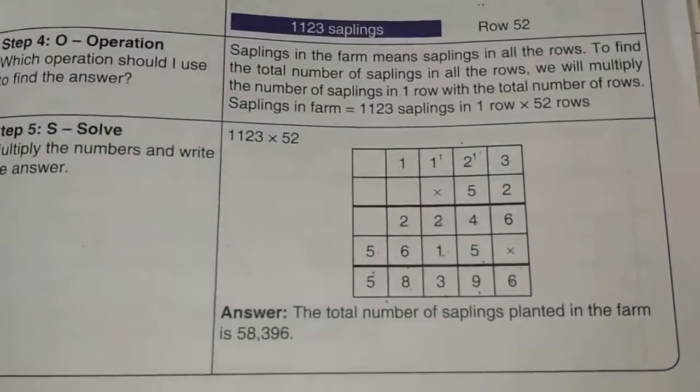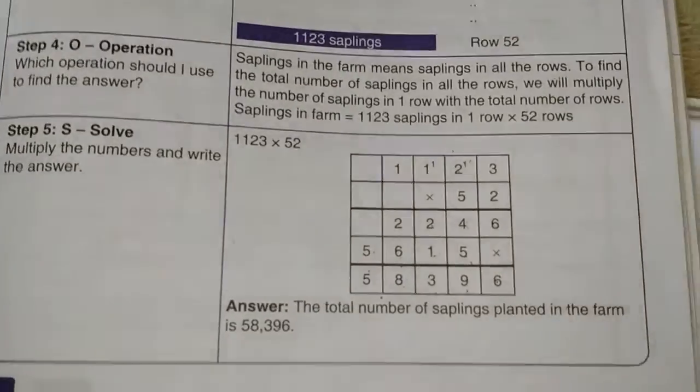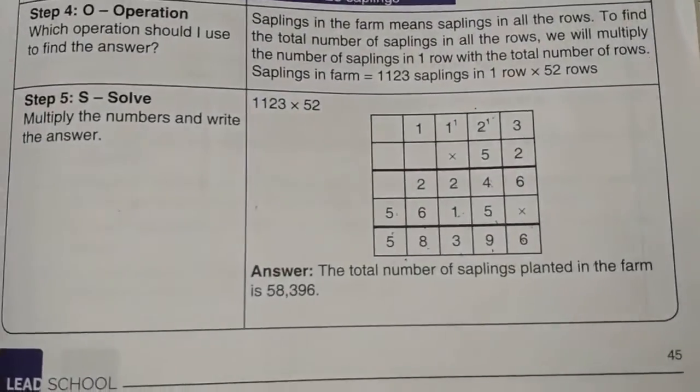Okay students, I hope your work is complete. Now we'll start the next worksheet, worksheet number 17. We'll start now. So here we have to write standard 4th, subject maths, Unit number 2, worksheet number 17, day 15.